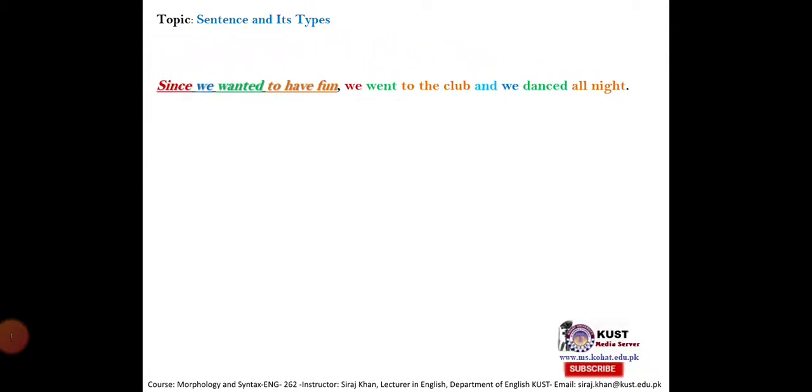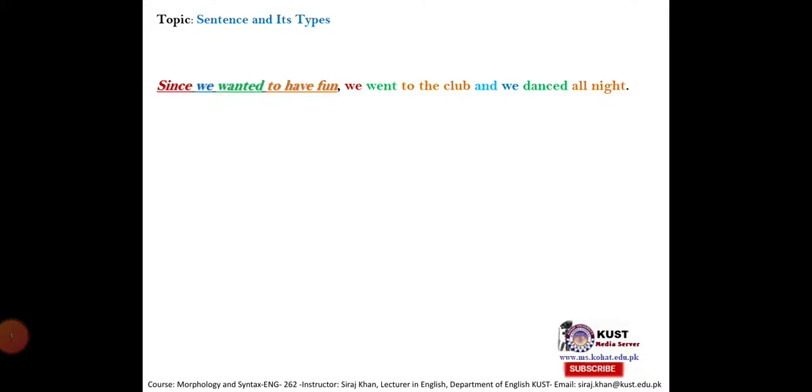Since we wanted to have fun, we went to the club and we danced all night. Three clauses are there. Since we wanted to have fun, one clause; we went to the club, second clause; and we danced all night, the third clause. Now here, since, we discussed that it's a subordinating conjunction, so that can give us a dependent clause.